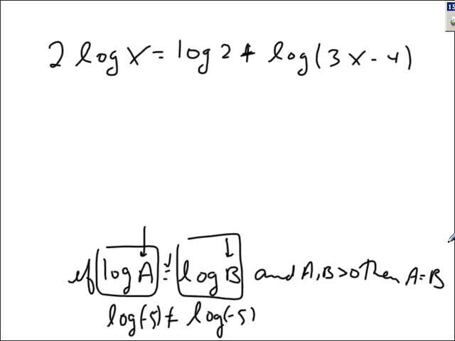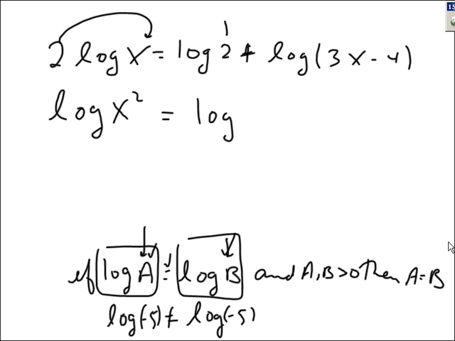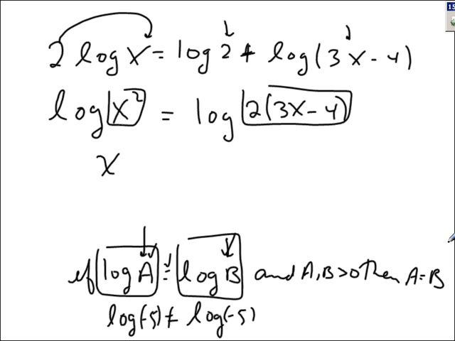But if log A does equal log B, namely because A and B are positive, then A equals B. I want to write the left side as log of x squared, and the right side, since it's log of one thing plus log of another thing, I can write it as log of the product. Again, one log. If log of this equals log of that, then this must equal that.